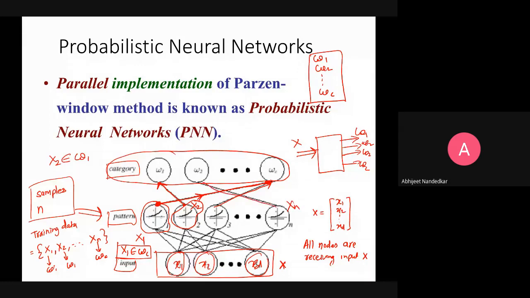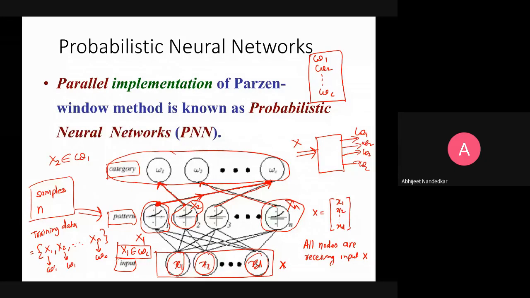So you have to remember that you will connect a pattern node to a category node only when that particular pattern belongs to the respective class. Otherwise there won't be any connection.